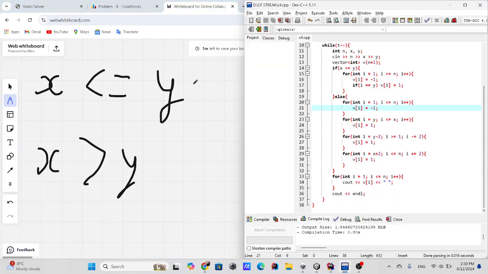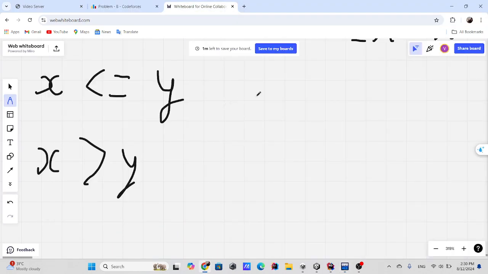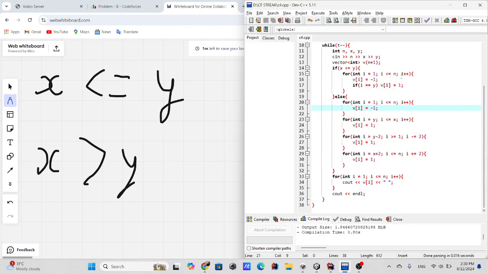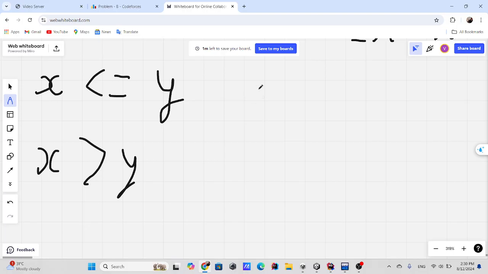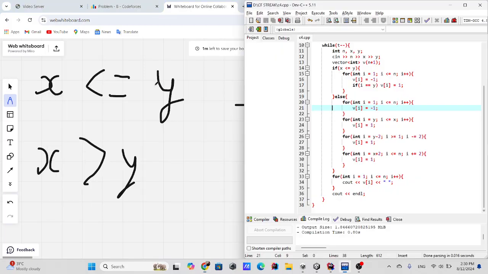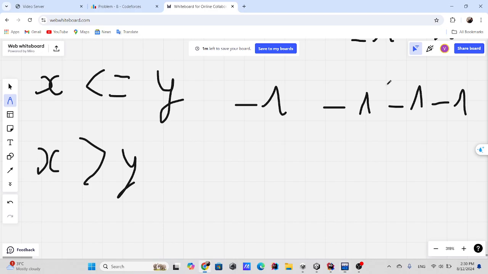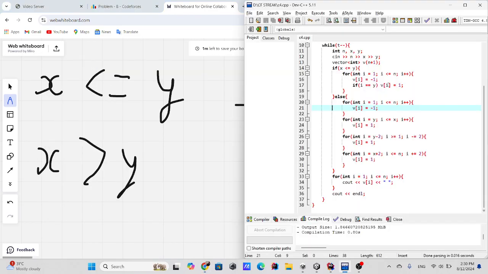So in this case, what happens? We can just print out an array full of -1, and only when the index is equal to e, we change that index into 1.